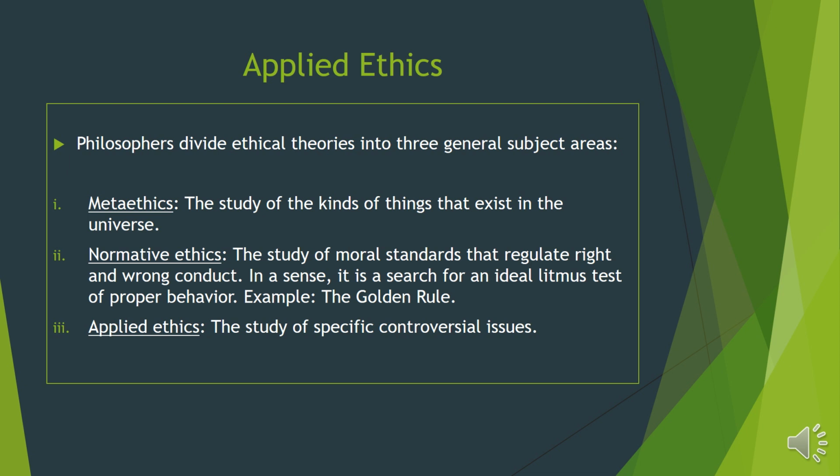Outside the criminal justice realm, applied ethics focuses on things like abortion, animal rights, environmental concerns, and homosexuality, but also, of course, capital punishment and all of the other things that we talked about. So this is the way to examine ethical theories when they're placed within these three approaches, which complement each other.